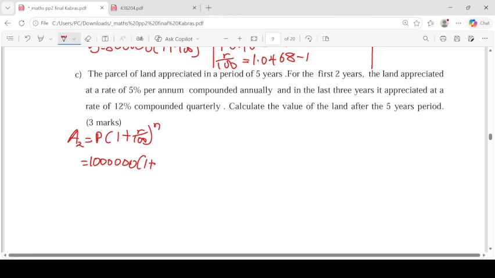The first 2 years it was at 5%, so the rate here is 5 over 100 to the power of n. N here should be 2 years. When you press this in your calculator, you get 1,102,500. So that is the value of the land after 2 years.